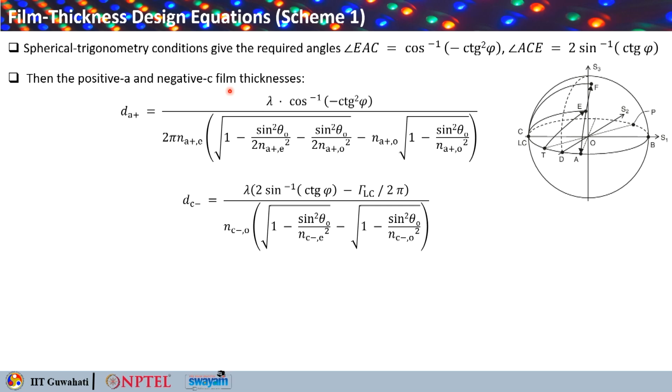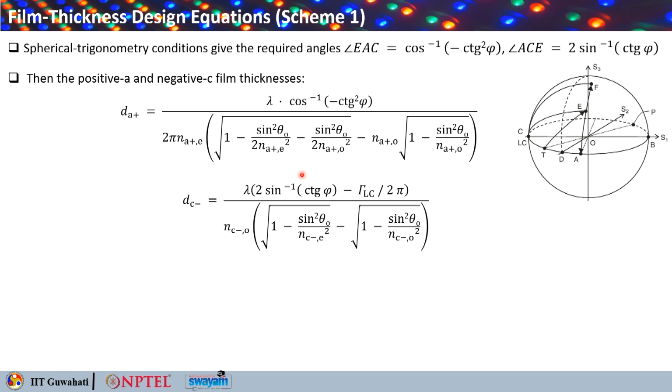We have seen that they give two spherical angles that fix how much each film needs to rotate the polarization state. So you get d_A+ and d_C-, the thicknesses of the positive A and the negative C film. These give you the physical film thickness, using the standard phase retardation to thickness relationship for a uniaxial film at oblique incidence.